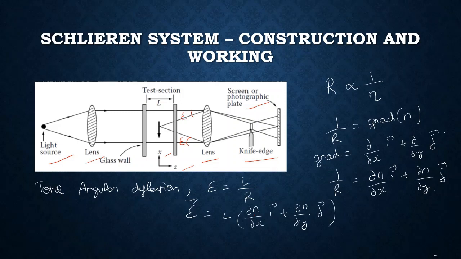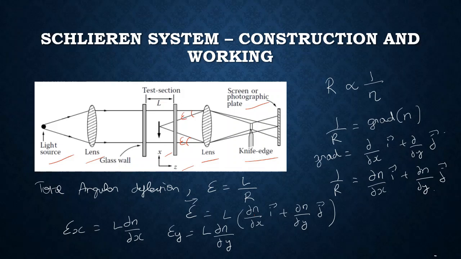And we may also find the value of epsilon x as L ∂n/∂x, and then epsilon y as L ∂n/∂y. So we are able to find the total deflection recorded from the high density flow, that is, the total deflection with respect to the change in refractive index.